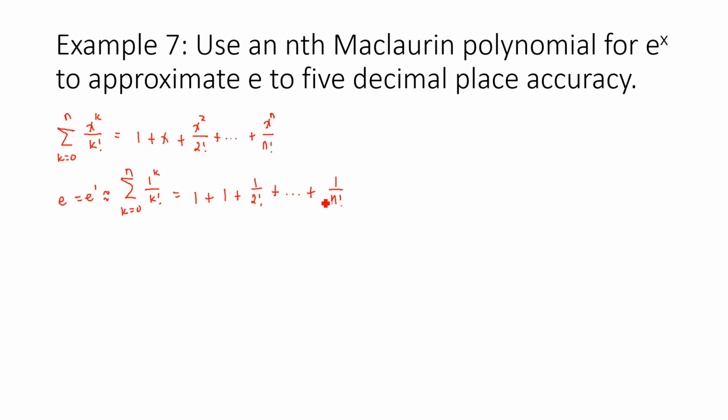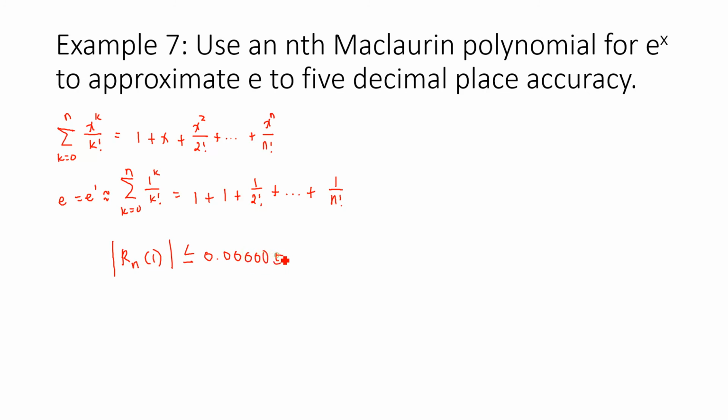Thus, our problem is to determine how many terms to include in the Maclaurin polynomial for e raised to x to achieve 5 decimal place accuracy. That is, we want to choose n so that the absolute value of the nth remainder at x equals 1 satisfies that the absolute value of r sub n of 1 is less than or equal to 0.000005.